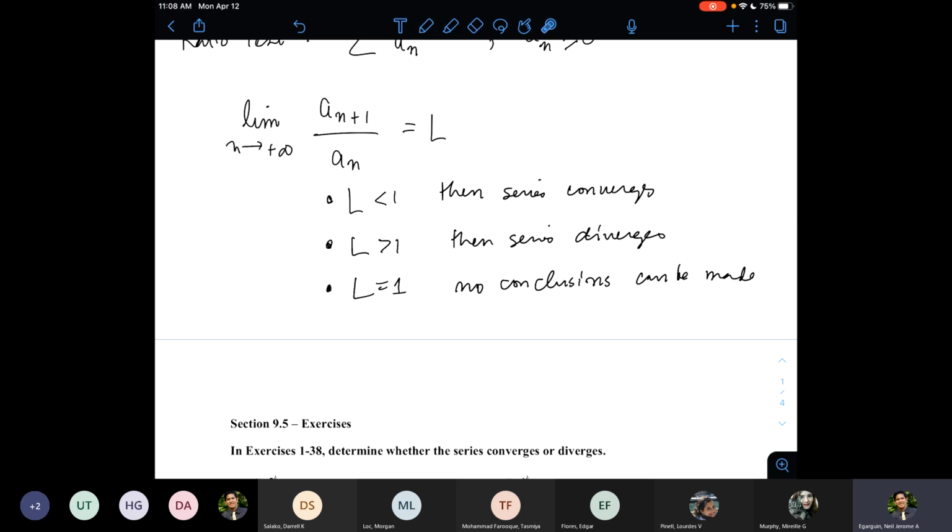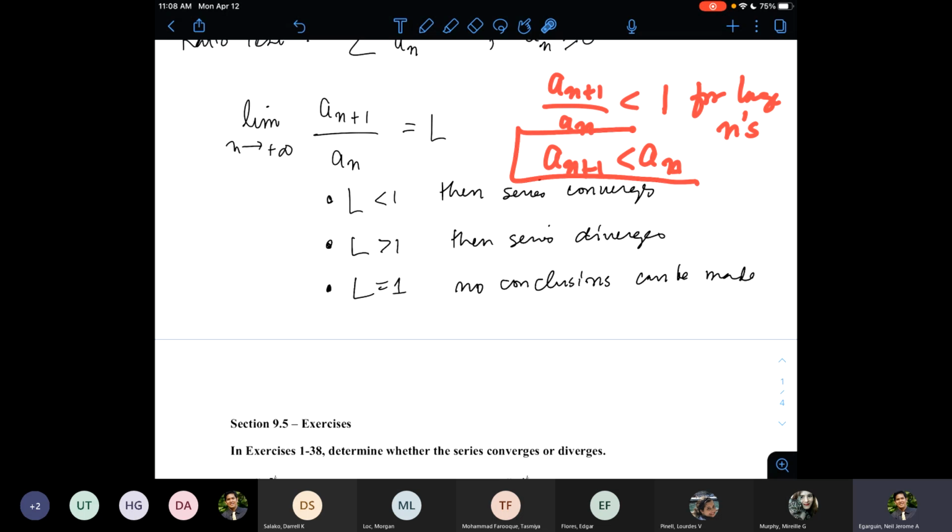Well, what happens when the limit of a sub n plus 1 over a sub n is less than 1? If the limit is less than 1, that tells us that a sub n plus 1 over a sub n is less than 1 in the long run, right? This is for large n's. And that means a sub n plus 1 is smaller than a sub n.